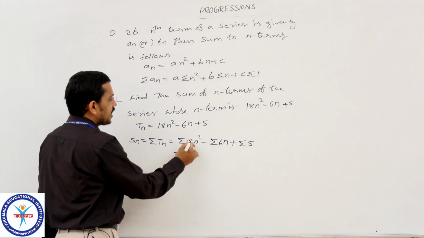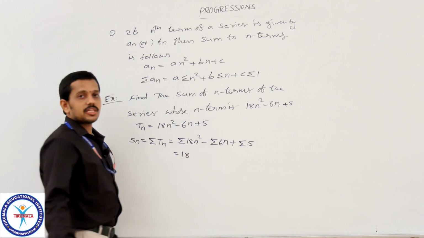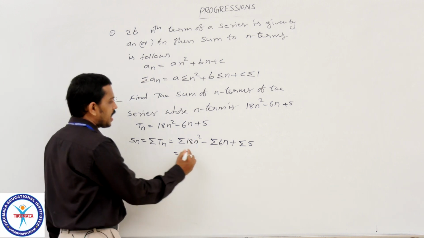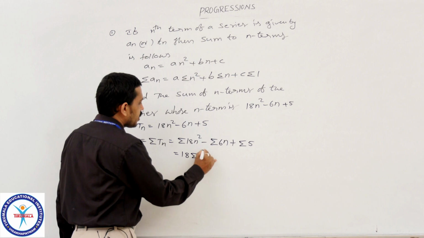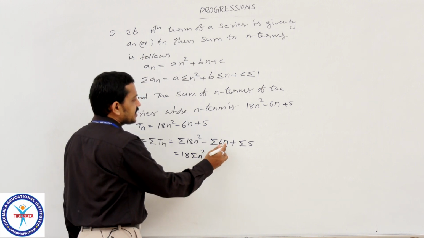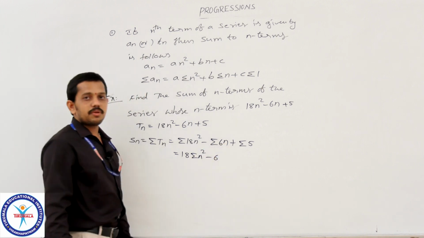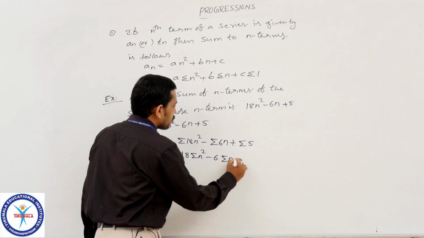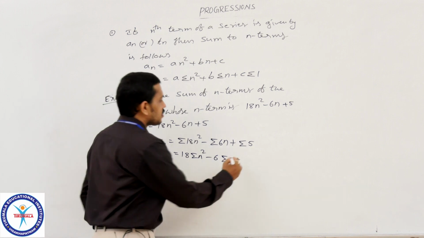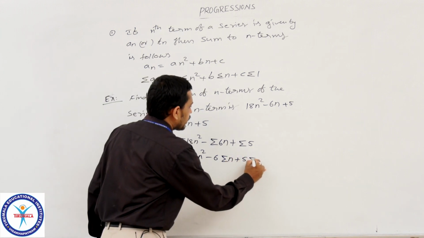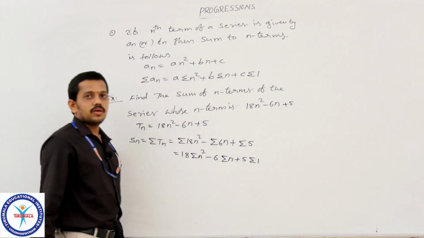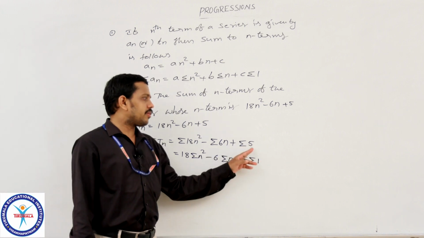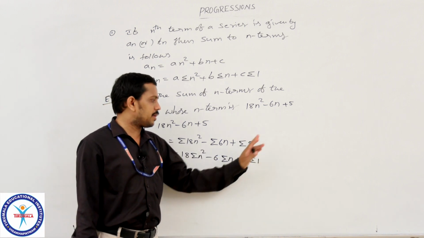By the properties of sigma, since 18, 6 and 5 are constants, it can be written as 18 into sigma n square minus 6 into sigma n plus 5 into sigma 1, or we can say 5 is added n times.